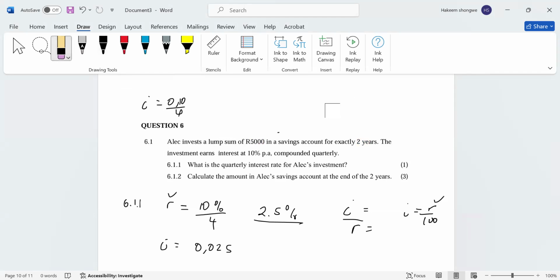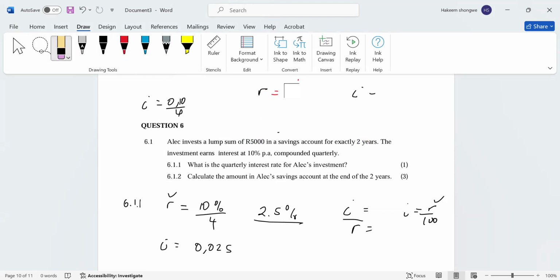In grade 10, they speak about R, they speak about I, and they make sure you understand as a learner, these are two different things. I and R. What is R? If we want a formula for R, it is I multiplied by 100.